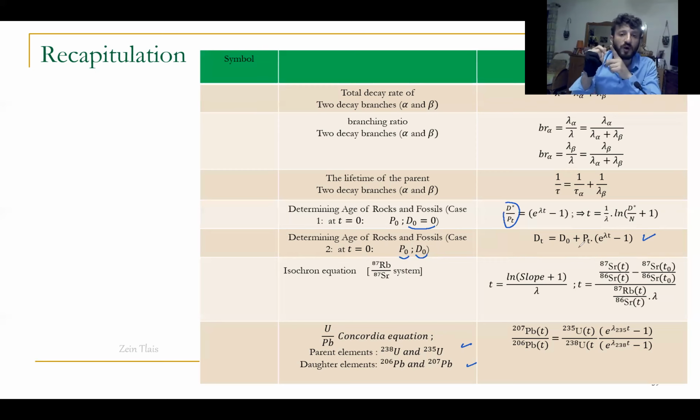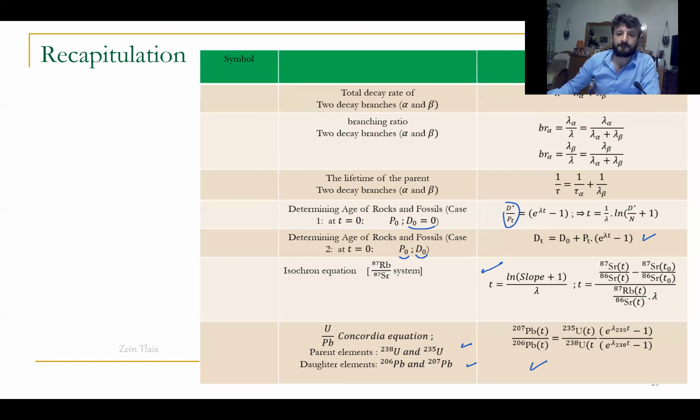If I give you one unstable isotope and one stable atom, you can find this one. If I give you two unstable atoms and two stable atoms, you can follow the Concordia equation. Okay, like this you know exactly which equation you can use for each case.